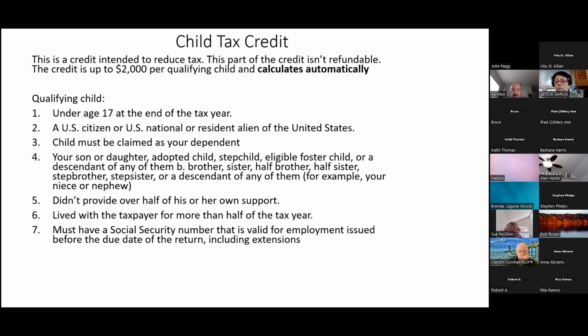Okay, and then the other question goes back to the NEC, the 1099 form. The question is, if somebody got less than $600, is that still reportable income? The short answer is yes. Remember Internal Revenue Code Section 61, everything's included in gross income unless otherwise excluded.